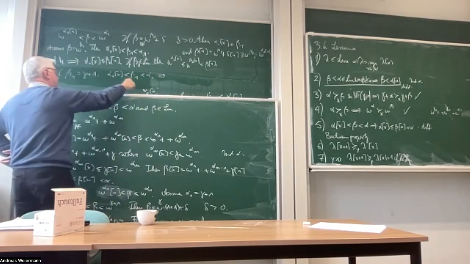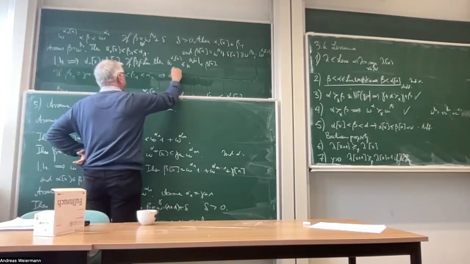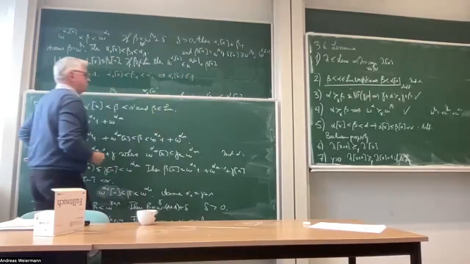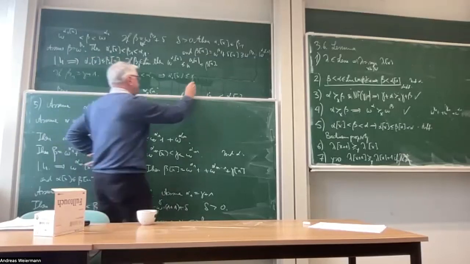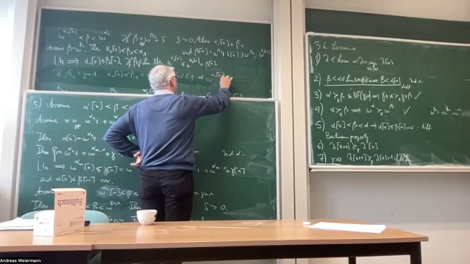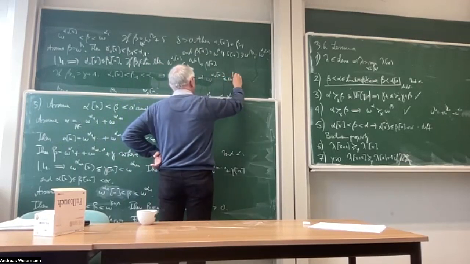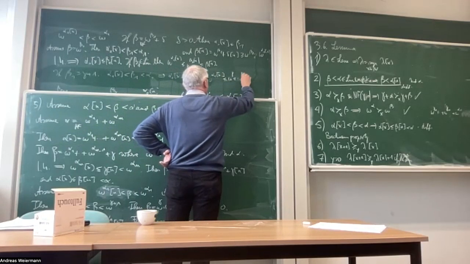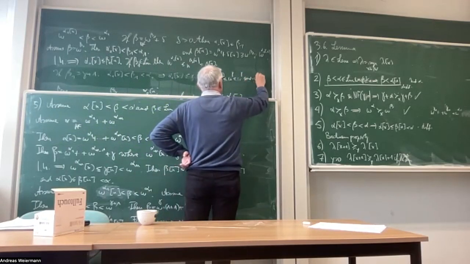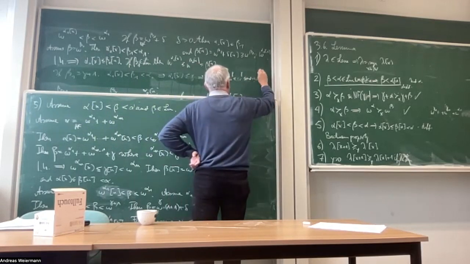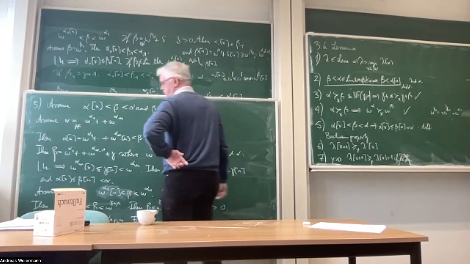Now, if this is a successor, then alpha 1 of x is less than or equal to gamma. Okay, and then omega to the alpha 1 of x is less than or equal to omega to the gamma, less than or equal to omega to the gamma times n plus 1, which is omega to the gamma plus 1 at element n, which is omega to the beta.